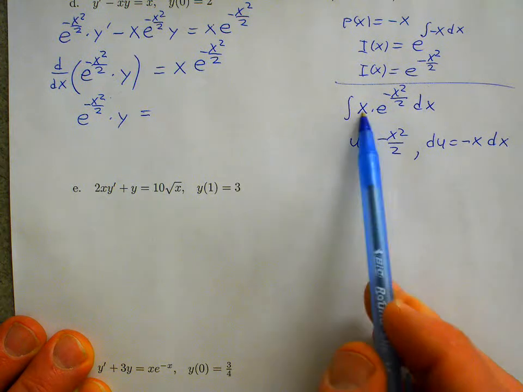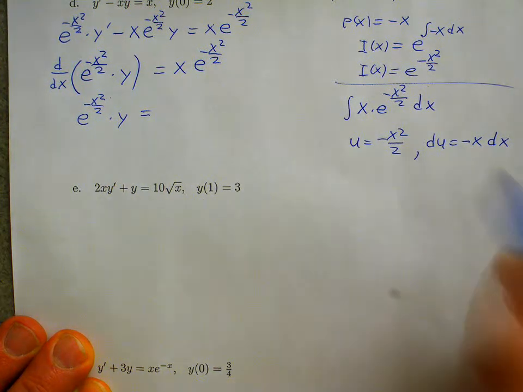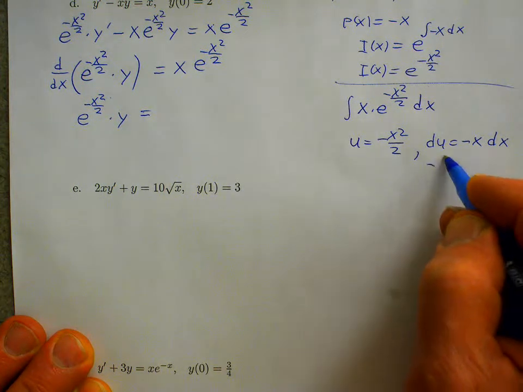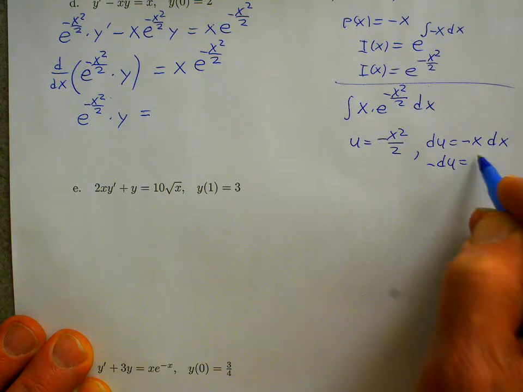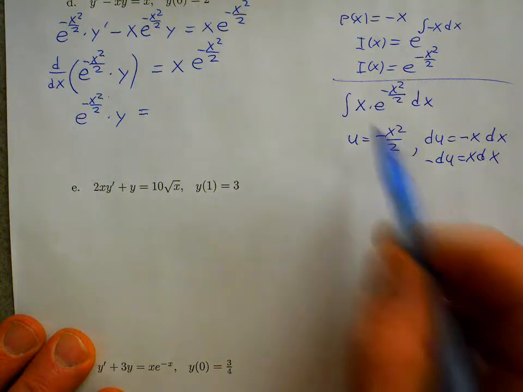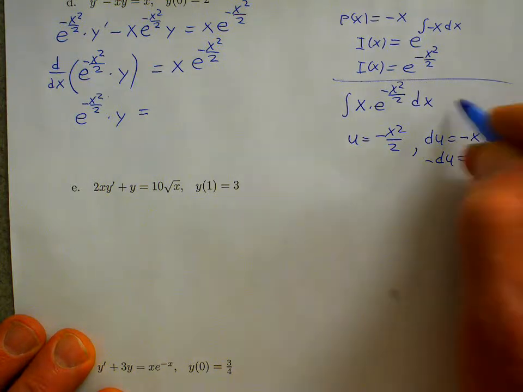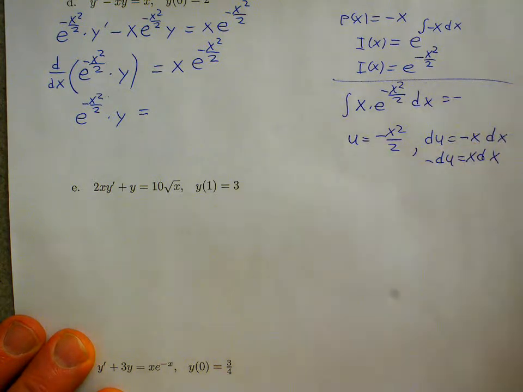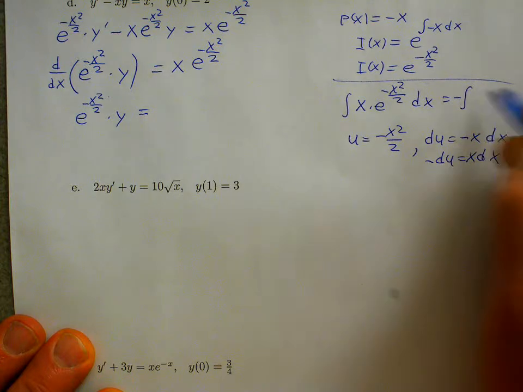So we have the x dx, we just need the negative, so negative du is equal to x dx. So upon substituting, we just get the negative of the integral of e to the u du.